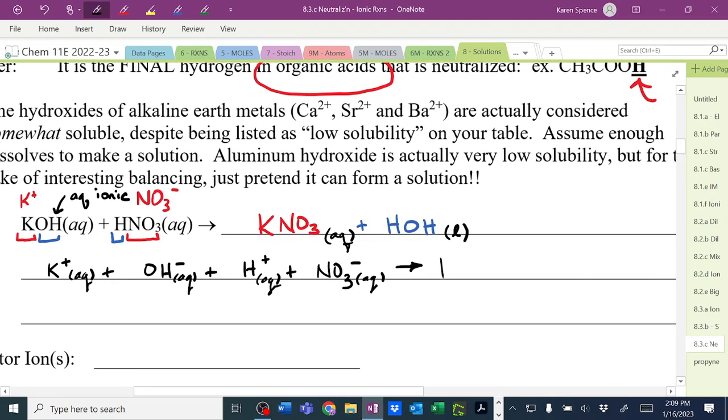So we have K plus. We have NO3 minus. Those are both aqueous. And the only reason that there was actually a reaction here at all is that we have H2O, which is a liquid. That's our only new substance.